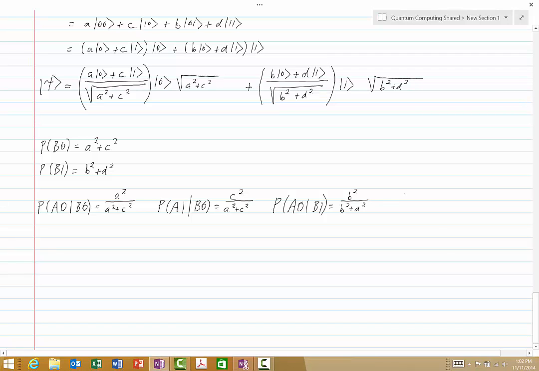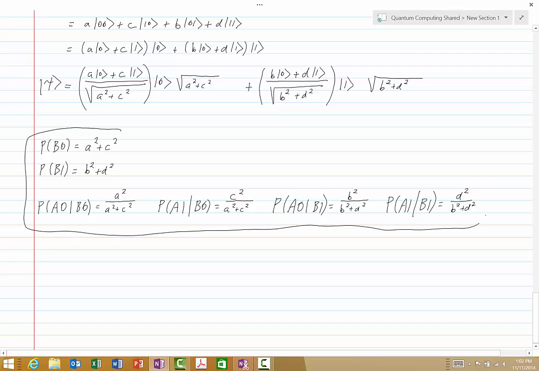And then finally, the probability that Alice measures 1 given that Bob measures 1 is D squared over B squared plus D squared. And so here are still other formulas that we could use to solve problems like those on test 32.